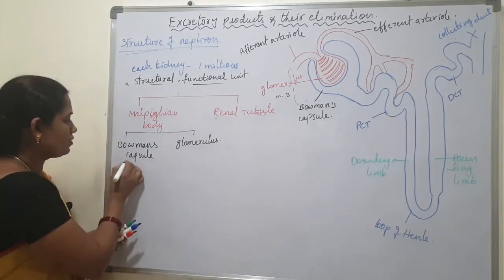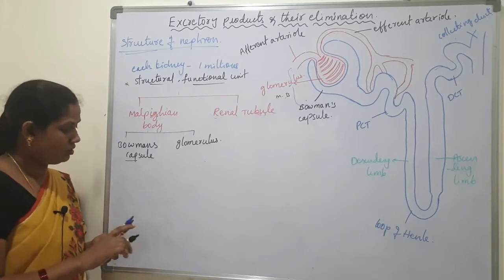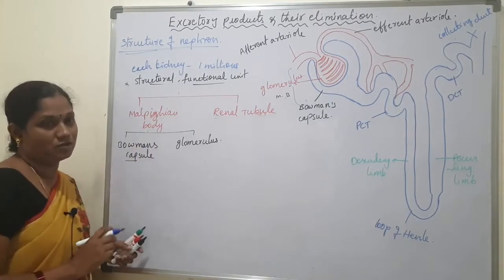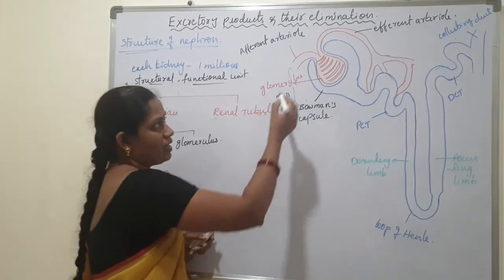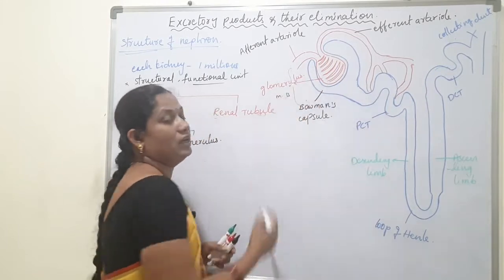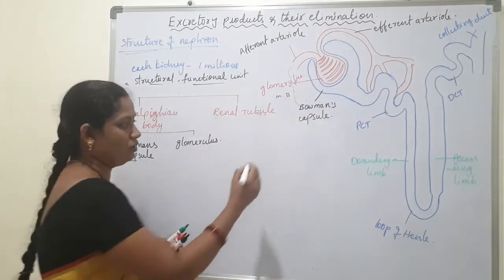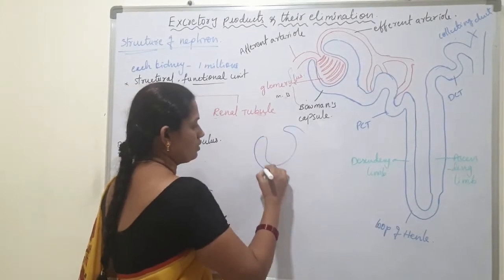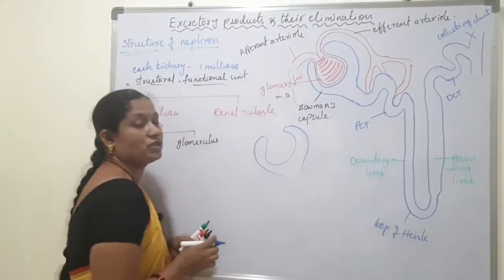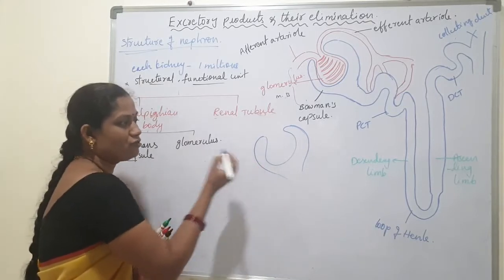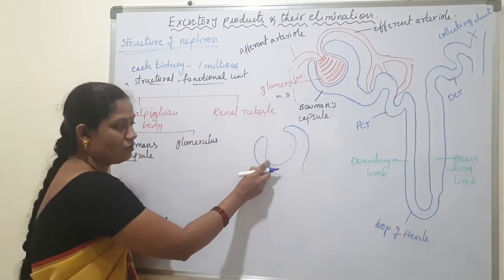Let us first discuss Bowman's capsule. This cup-like structure is called Bowman's capsule. Here I am drawing it again. It is made up of two layers.